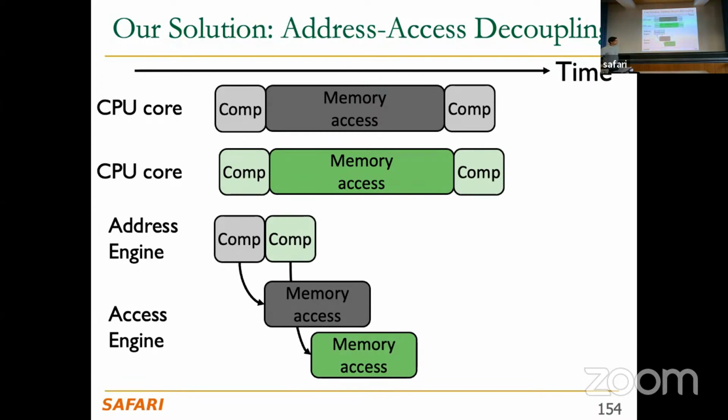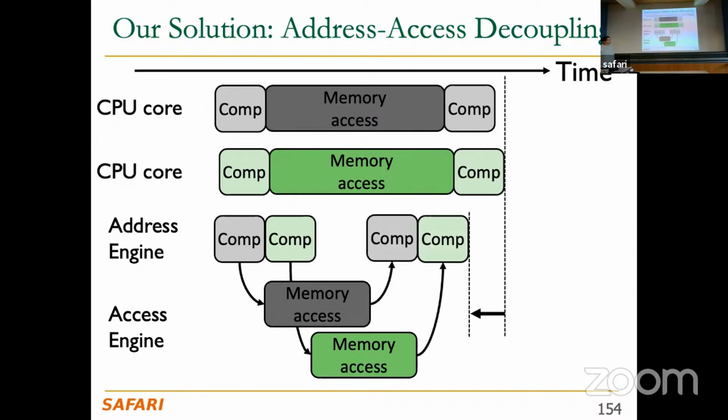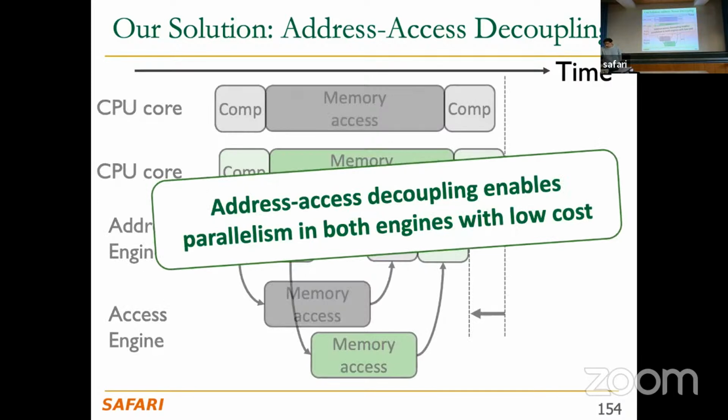While this is happening, the address engine can compute another address and request another memory access to the access engine, and so on. And this way, we can save time with respect to the execution on the CPU. So address access decoupling enables parallelism in both engines at low cost.